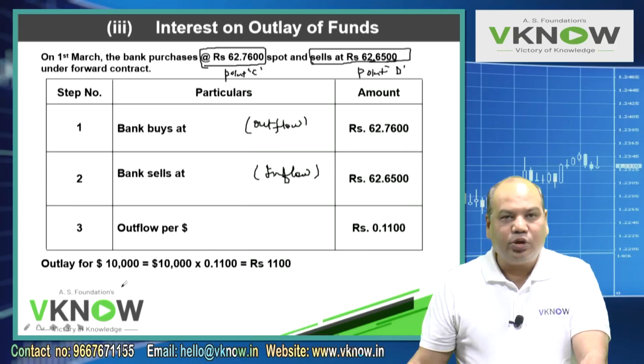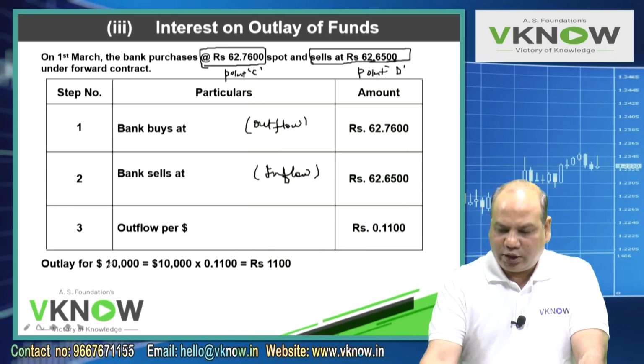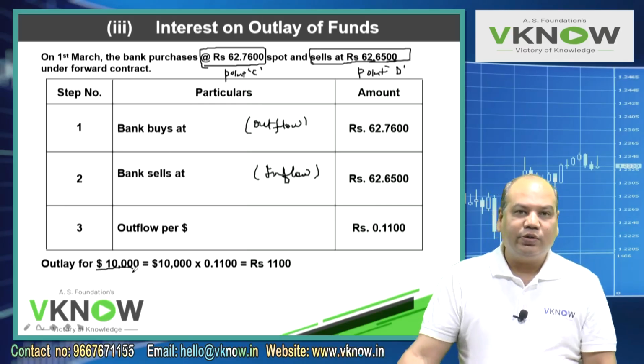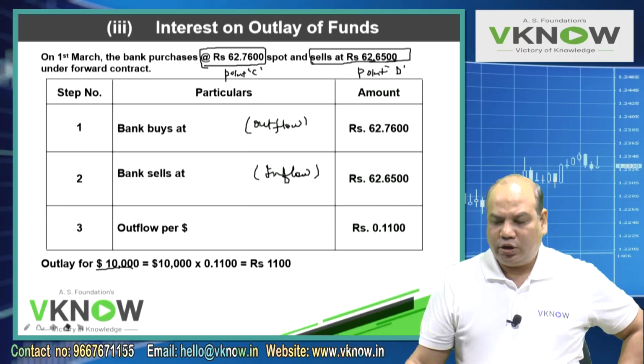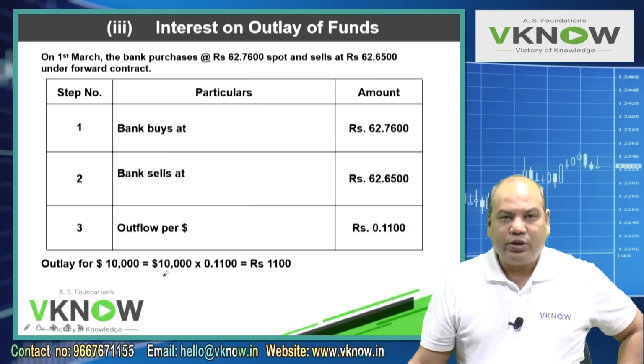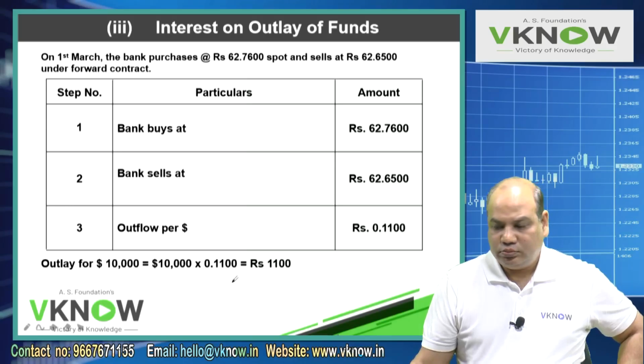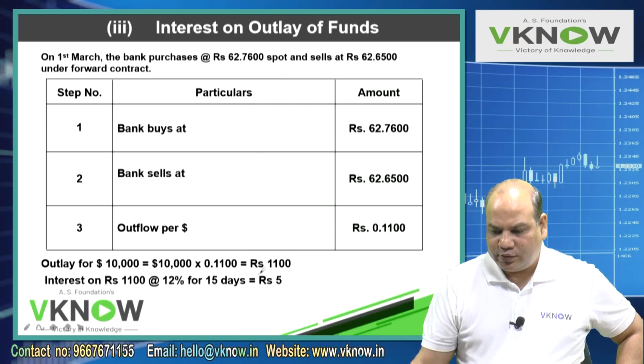The total number of dollars in the contract is 10,000. So write outflow for 10,000 dollars: 10,000 into 0.1100, that is rupees 1100. That is not the answer. The 1100 rupees of funds got blocked for 15 days.